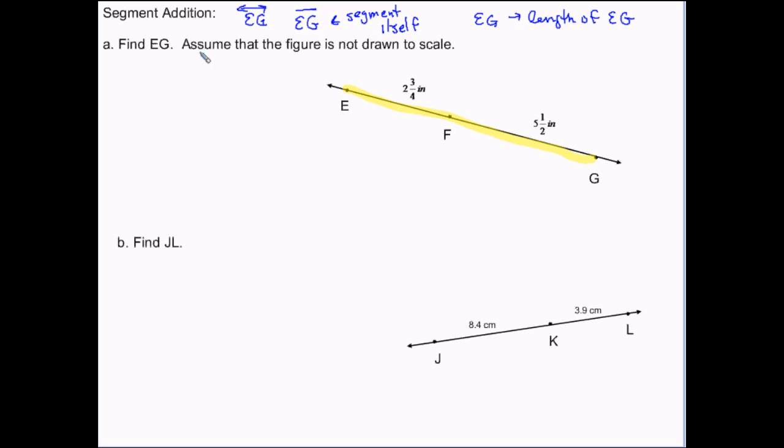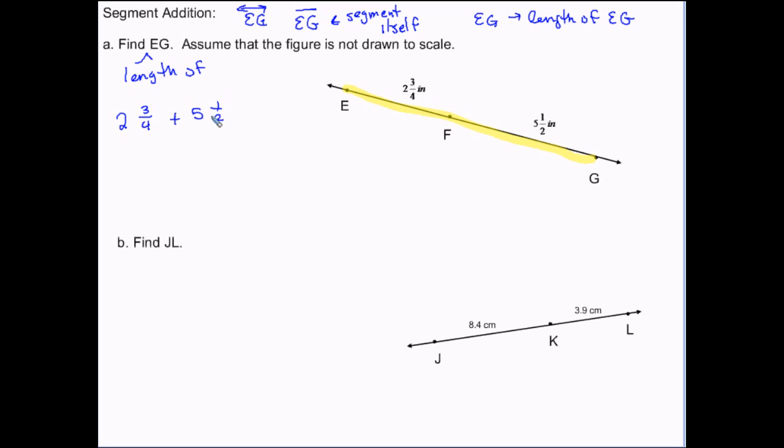Now, this has no bar over it, so this is to find the length of EG. I want to add those two fractions together. So I have 2 3/4 plus 5 1/2. The first thing I have to do is change this to fourths.